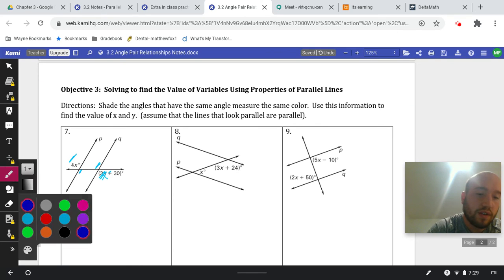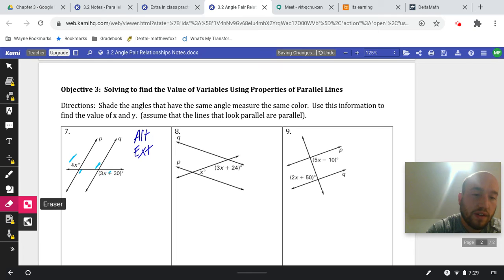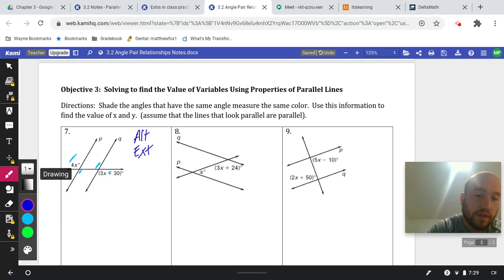Once again, these are alternate exterior angles, which means they will be the same in value. So all I have to do to solve this is 4x equals 3x plus 30. Subtract the 3x over, and I will get x equals 30.